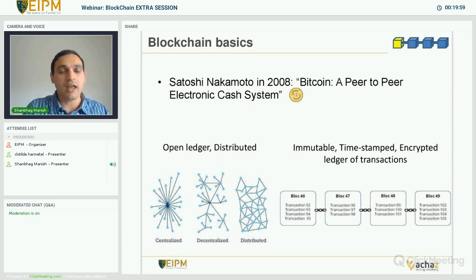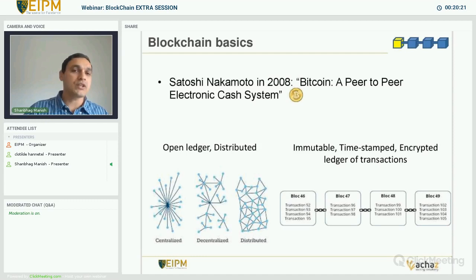So for example, if Frank is transferring Manish $100, all the network sees is that there's one number, which is a bit complex, transferring $100 to another number, right? They don't see us as these individuals, but just as numbers. So there is protection of privacy and there is security involved in that.